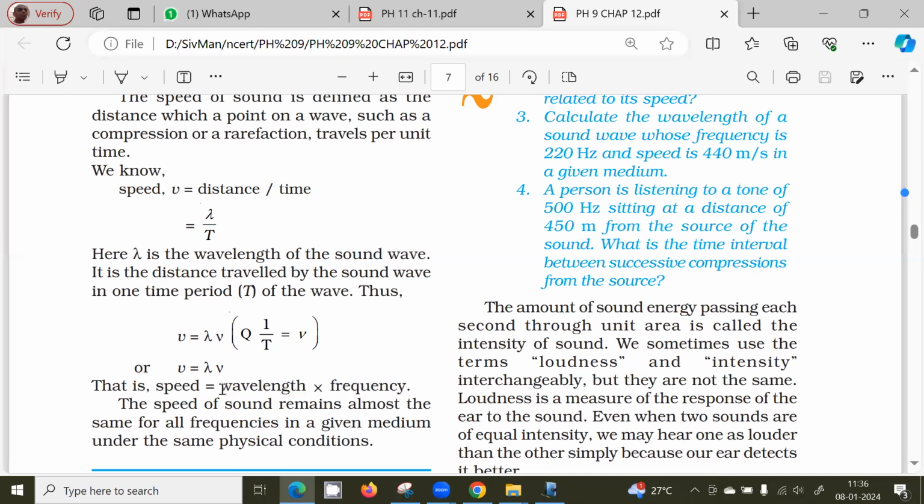So the wavelength is the space periodicity, and the frequency is the reciprocal of the time periodicity. Both the periodicities are related by the speed.